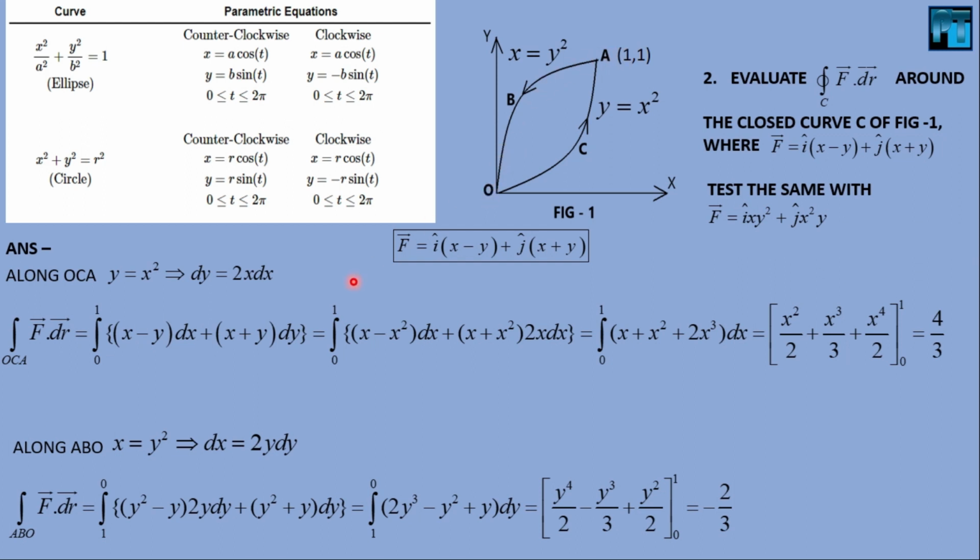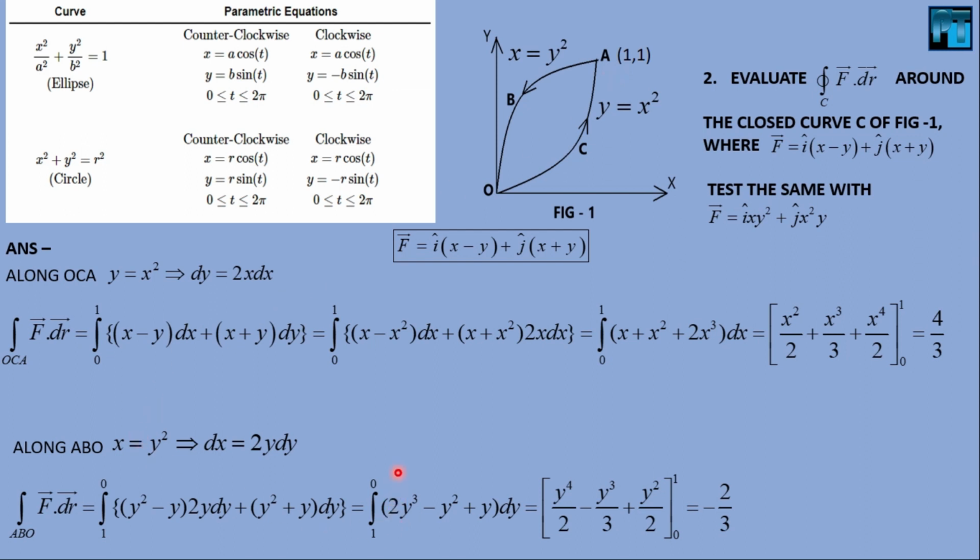It is a very common mistake of you guys that for one path you use 0 to 1, and for the second path you also use 0 to 1. You often don't check what your final point or initial point is. This is a very common mistake, so be very, very careful.